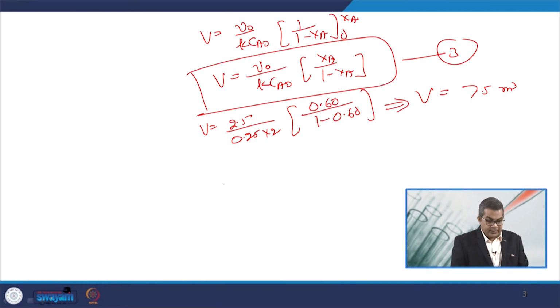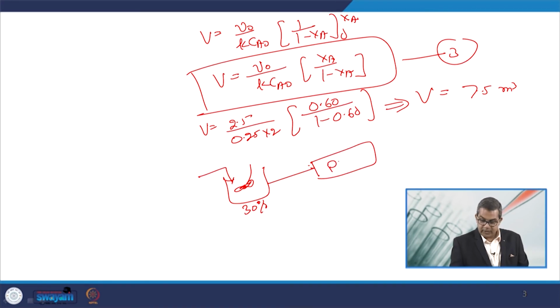So, let us redesign the things here. This is your MFR, 30%. Now, this is my PFR which handles 70%. So, initially we have X naught, Ca naught, V naught.